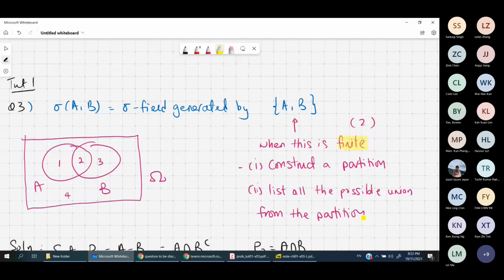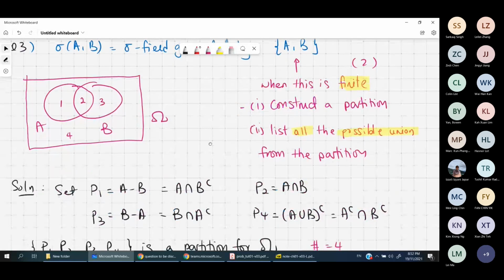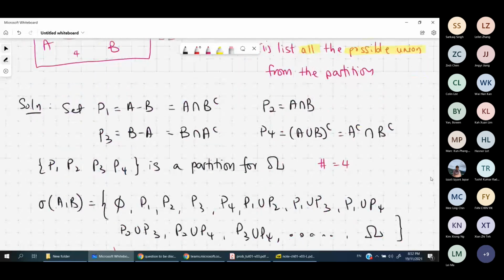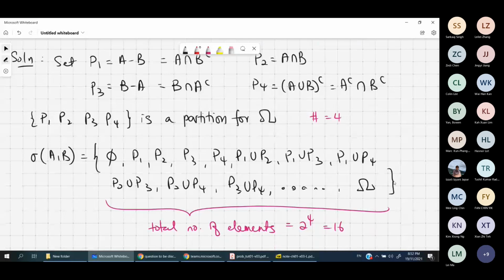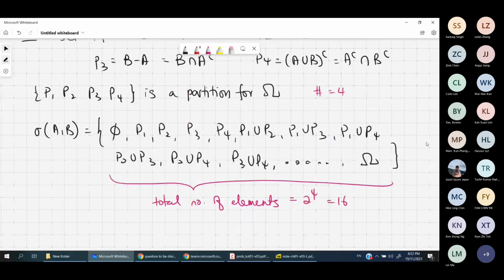If these two are disjoint, then we have 3, which is simpler. Once we have constructed the partition, we list out all the possible unions from the partition. It's not difficult, just like that. So that is question 3.